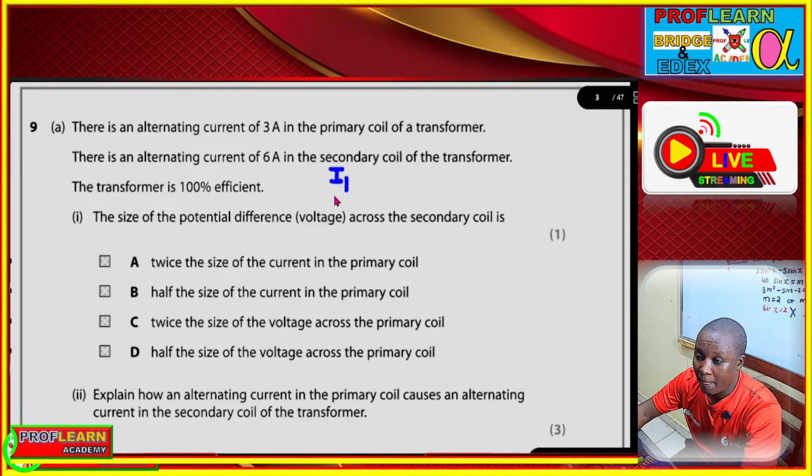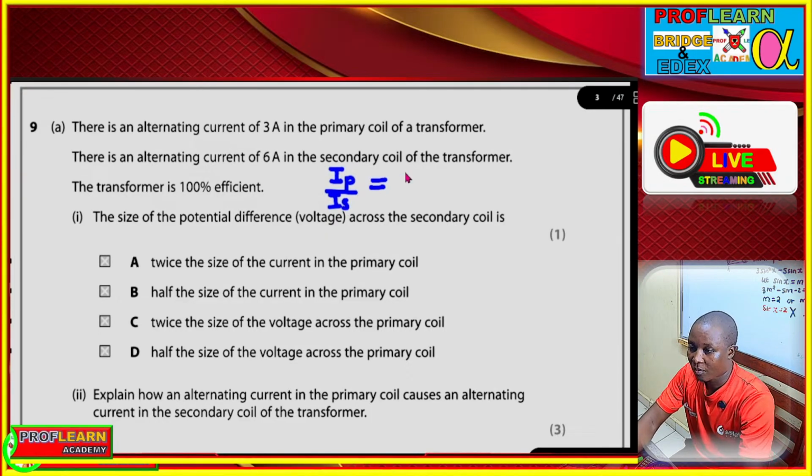All right, so the size of the potential difference across the secondary coil is, so what happens here, we are going to use the formula current in the primary coil over current in the secondary coil should be equal to voltage in the secondary coil over voltage in the primary coil.